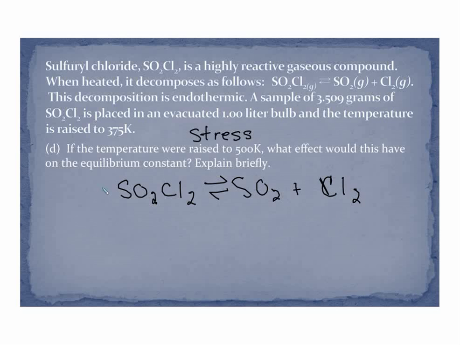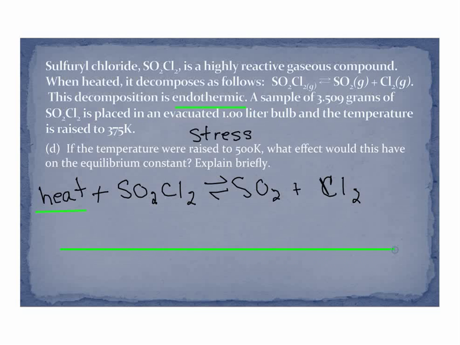Now, I'm adding heat on the reactant side. The reason I'm adding heat on the reactant side is because the problem says it's endothermic. Endothermic means heat is entering the reaction.